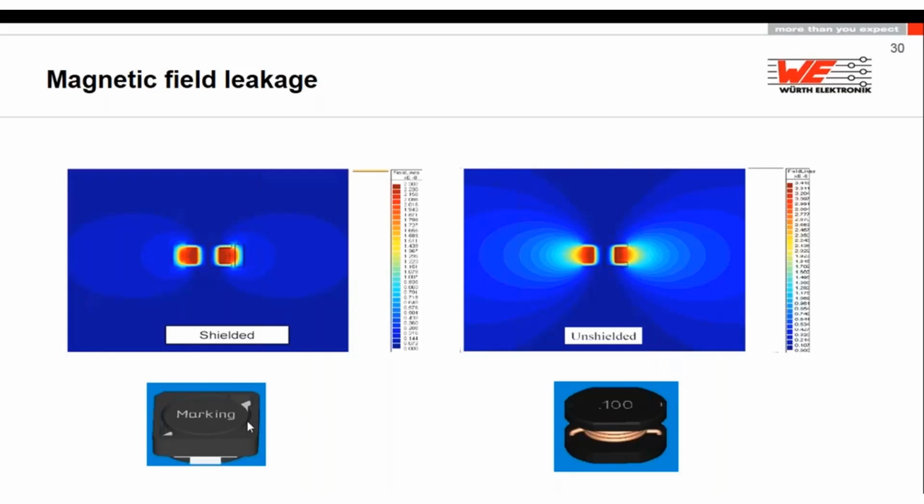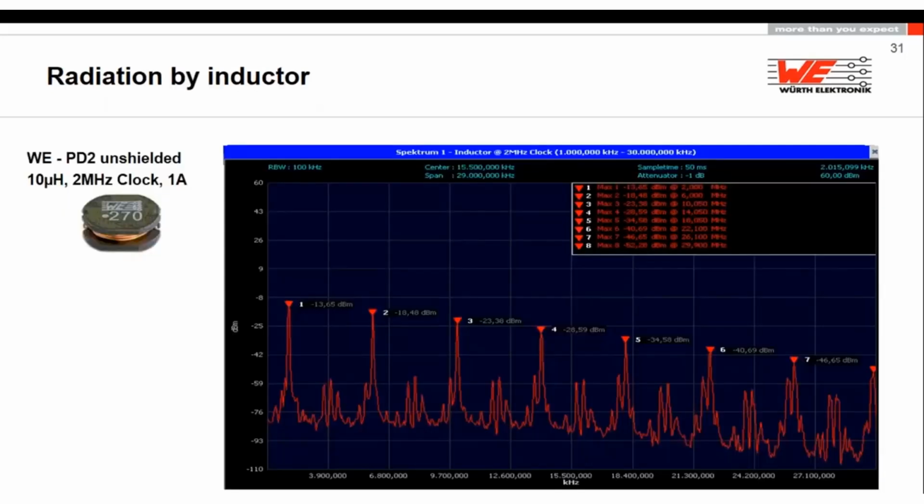You can build a transformer. But this pays back if you use a shielded inductance, like here in this example, a 1 amp output DC-DC converter switched at 2 megahertz.